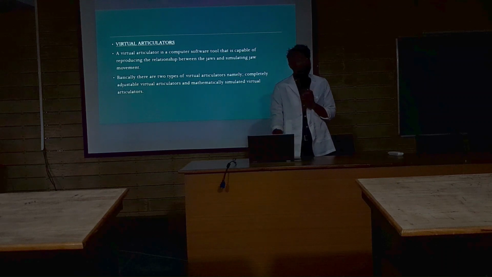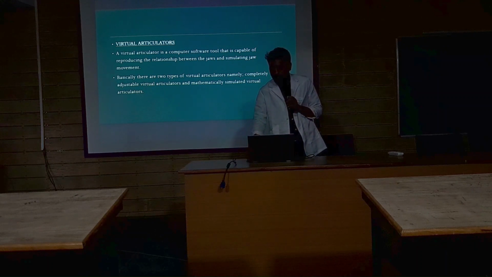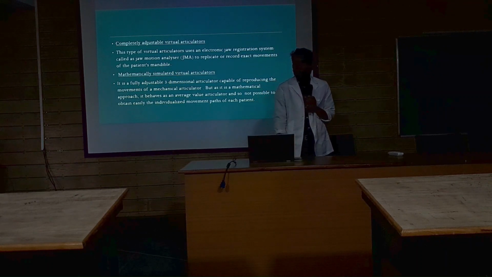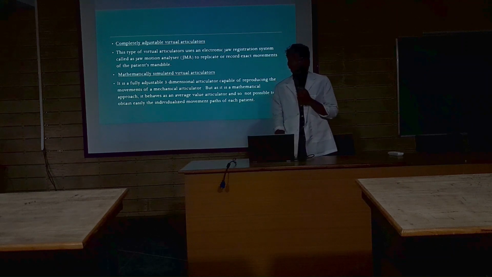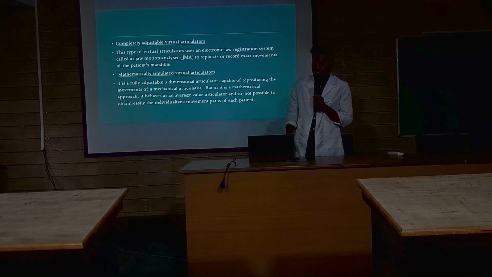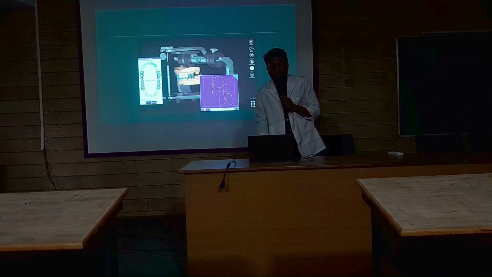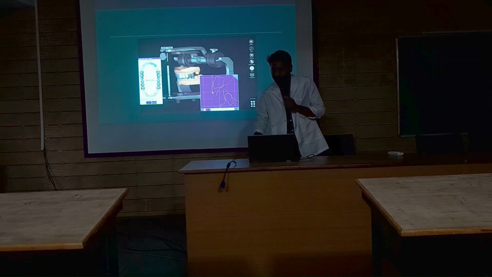Basically, there are two types of virtual articulators: completely adjustable virtual articulators and mathematically simulated virtual articulators. Earlier we spoke about the jaw motion analyzer. It helps in recording relations in completely adjustable virtual articulators, and mathematically simulated articulators are based on average values.